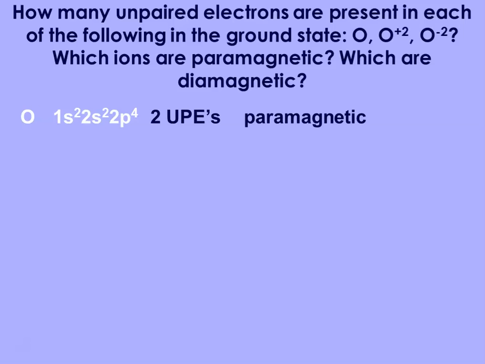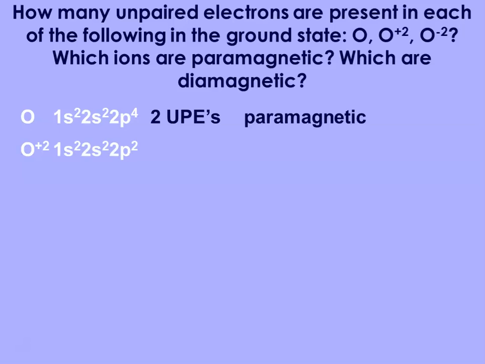So because there were 2 electrons that were unpaired, this would be considered to be a paramagnetic atom.